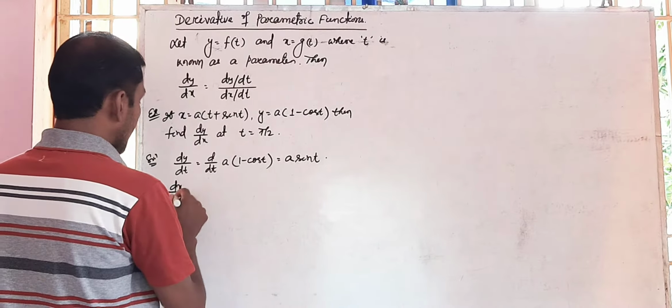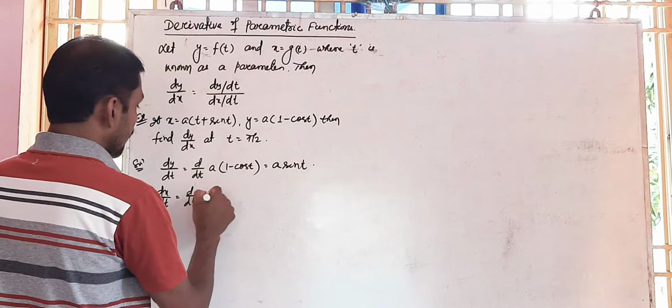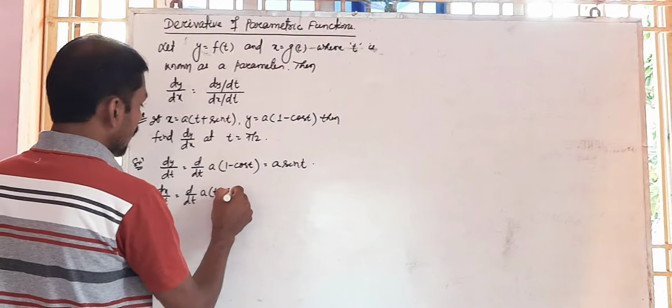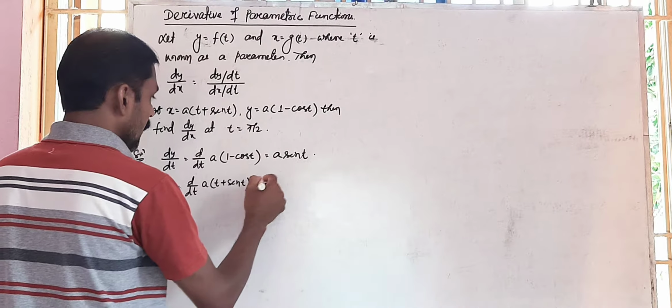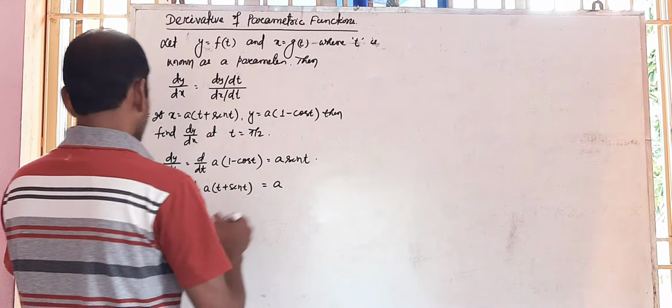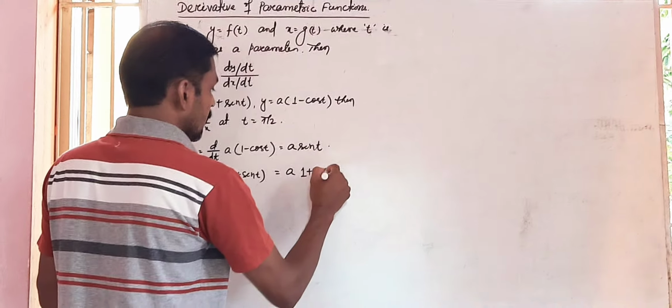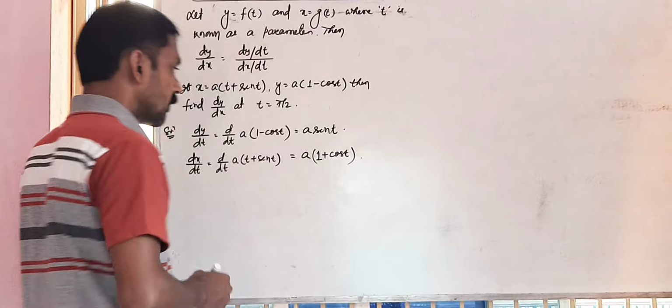Similarly dx by dt is d by dt of a into t plus sin t. Again a is constant. The derivative of t is 1, and the derivative of sin t is cos t.